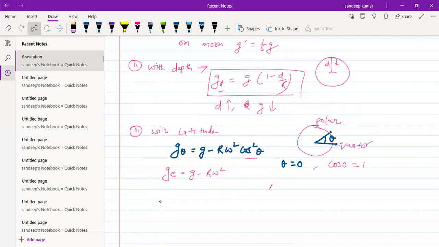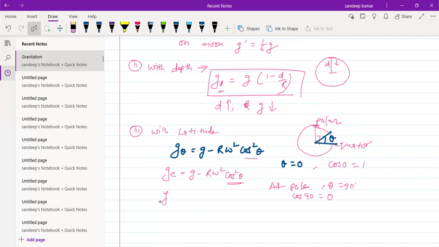Whereas at the poles, theta is equal to 90 degree. So what is cos 90? Cos 90 is equal to 0. So in the expression with cos square theta, cos 90 is 0, and 0 into anything is 0.